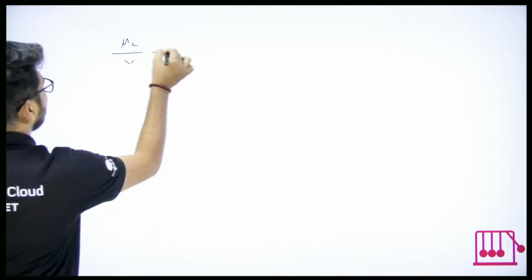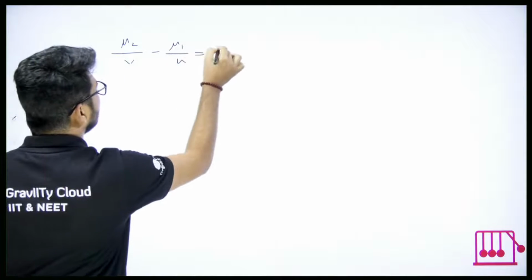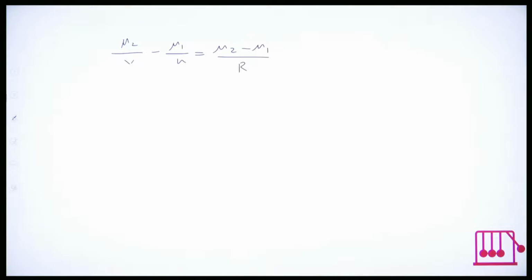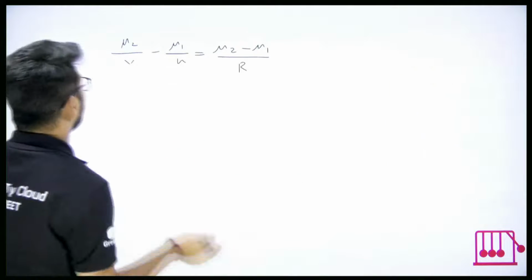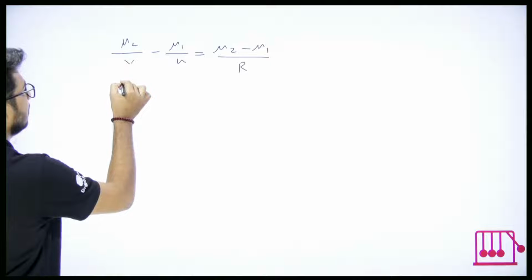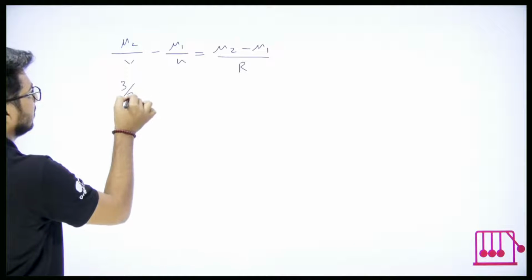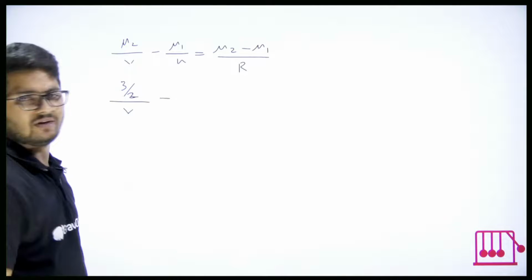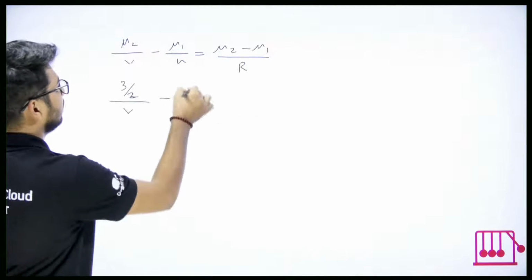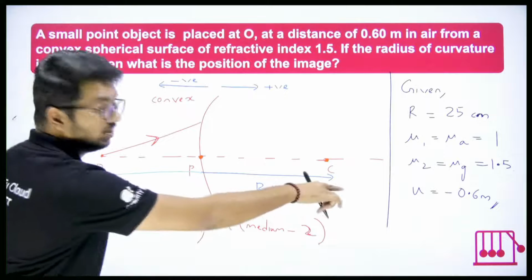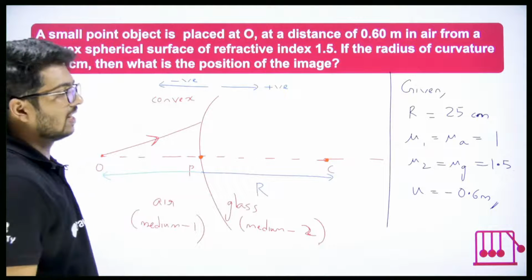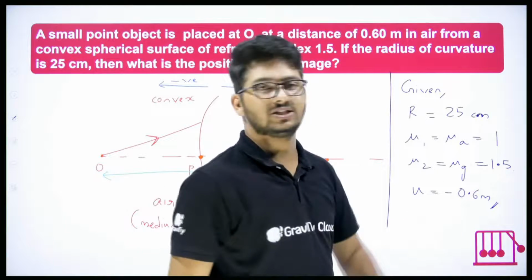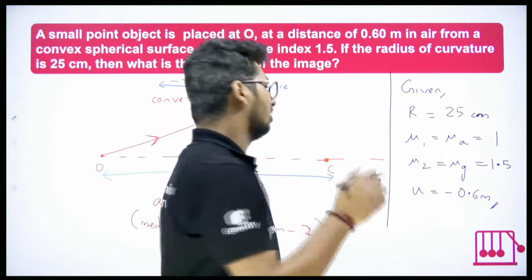Mu 2 by v minus mu 1 by u is equal to (mu 2 minus mu 1) by r. I just have to substitute mu 2 is equal to 1.5, which is 3 by 2, by the way. So 3 by 2 upon v. We don't know v, we have to find v. Mu 1 is 1 and u is minus 0.6. Now, radius is in centimeter and the object distance is in meter, so I'll convert that into centimeter.